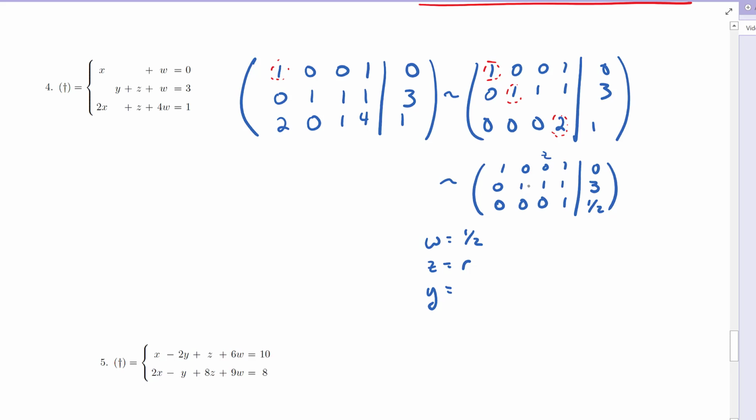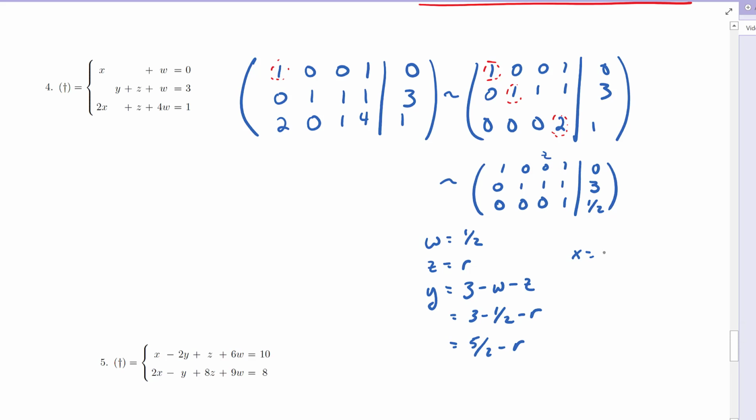Y is equal to, this is Y, this is Z, this is W, so Y is equal to 3 minus W minus Z. But we said that W is 1/2, and we said that Z is R, so we could write that as 5/2 minus R. And then finally we have that X is equal to, so that's 0, and we would subtract over the W position.